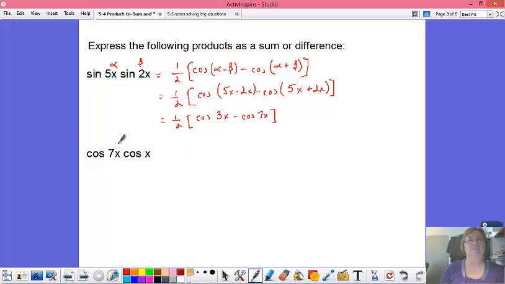Let's try that again. Alpha and beta, and this time we're cosine, cosine. So let's take a look at the identities. That one is also 1/2, and it starts out cosine of alpha minus beta plus the cosine of alpha plus beta.